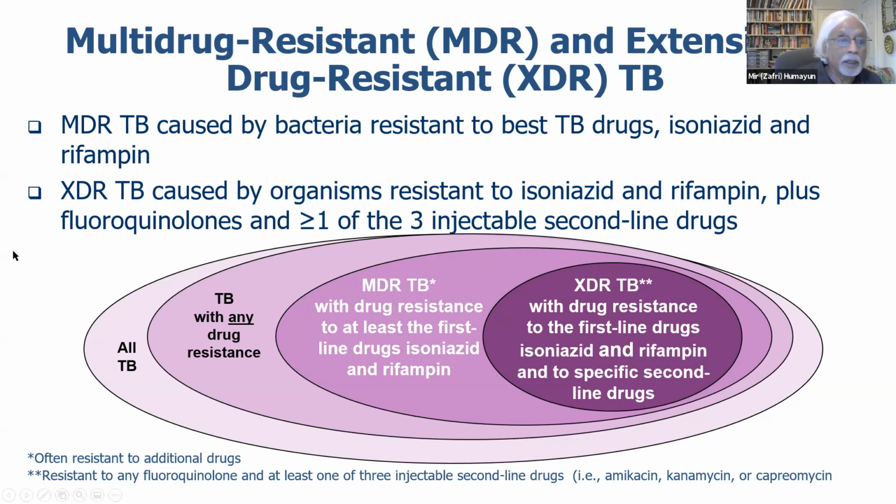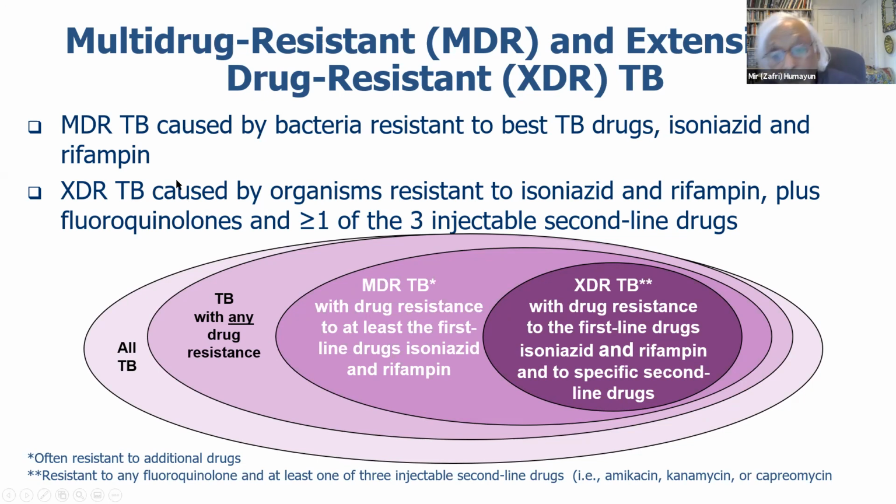Okay? So MDR is defined as bacilli that are resistant to two of the best first line drugs, and those two are isoniazid and rifampin. So MDR-TB is when you have resistance to isoniazid and rifampin.